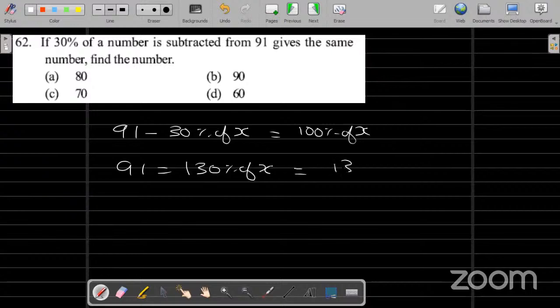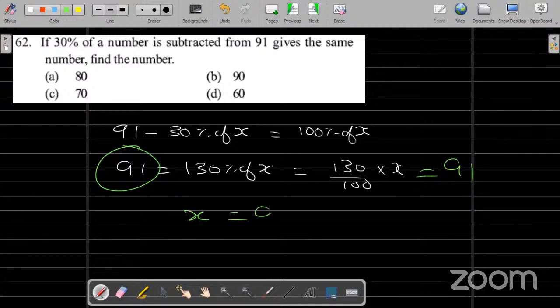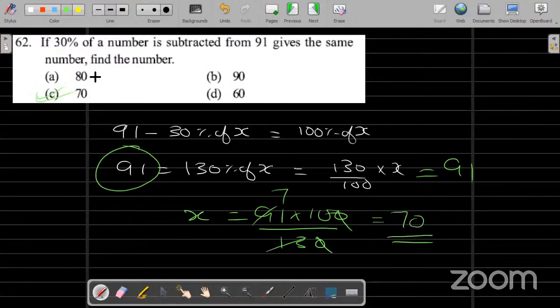That is equal to 130 by 100 into x. So 130 by 100 into x equals 91. So x equals 91 into 100 by 130. 10 goes off. 13 into 7 is 91. 7 into 10, 70. 70 is the answer.